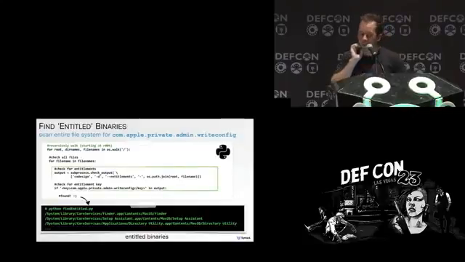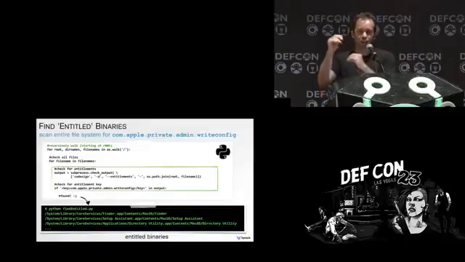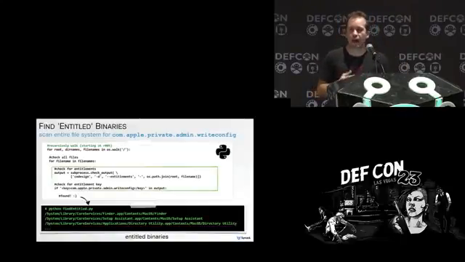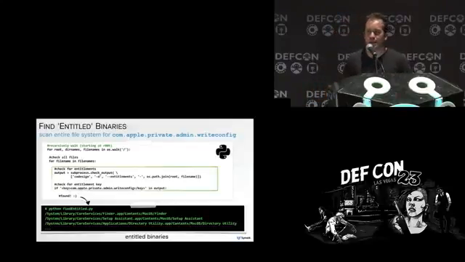So since I can't fake the entitlement, I have to abuse a legitimately entitled binary. Now, not all Apple binaries are entitled. These entitlements are kind of an extra layer, more fine-grained permission control that can be slapped on certain binaries. So I wrote a small Python script that could enumerate all the binaries on my file system and give me a list of which ones were entitled.